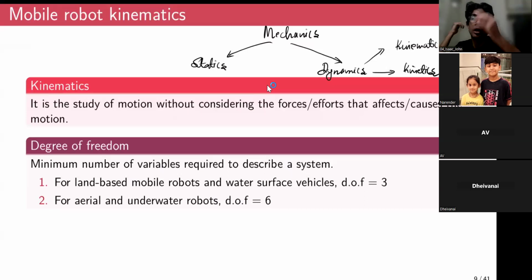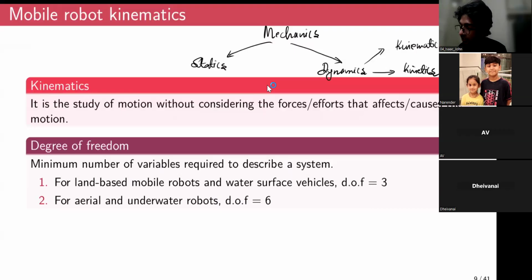In kinematics, we are only studying the motion. We ignore the external effects that cause the motion, or the interaction between different bodies that causes the motion.